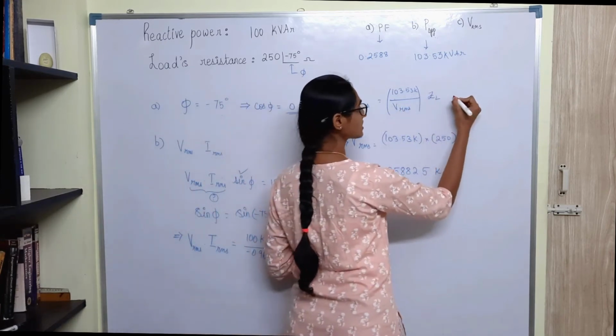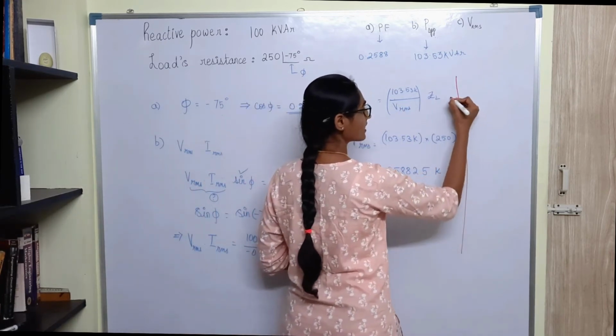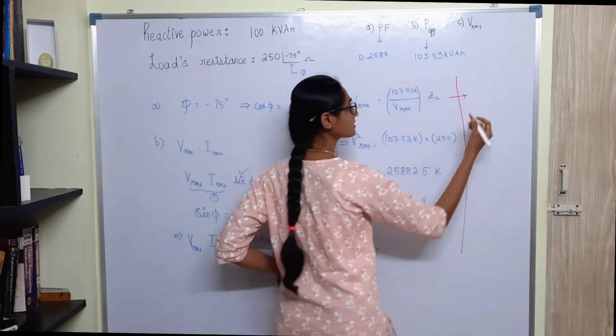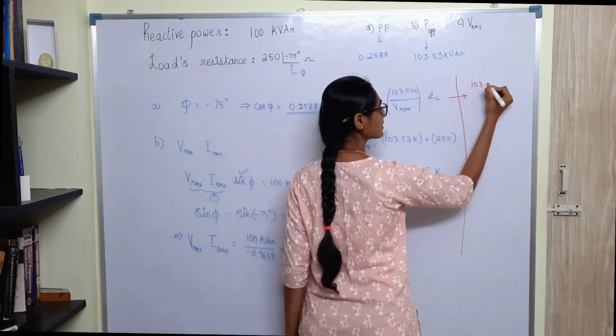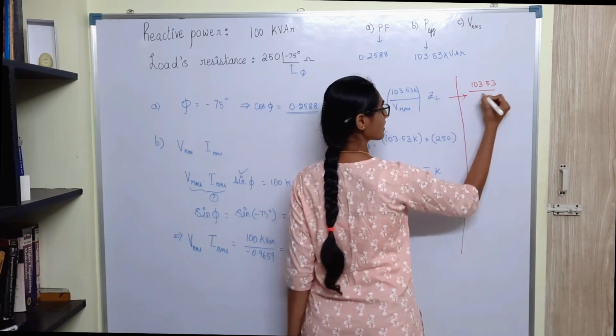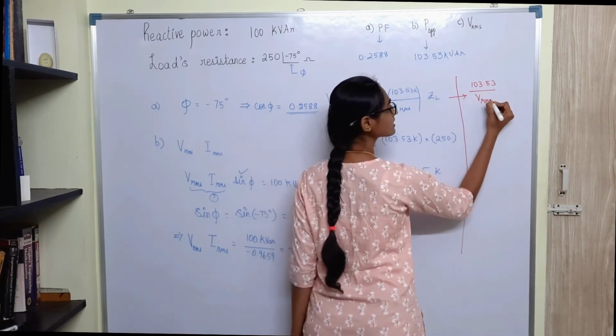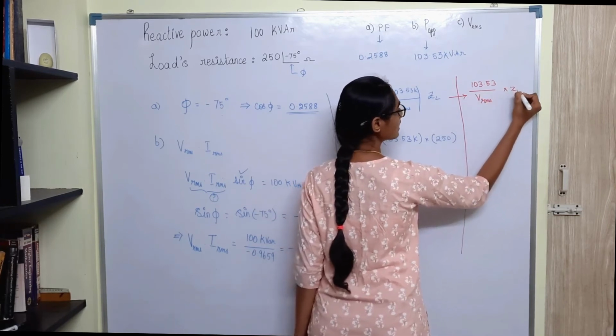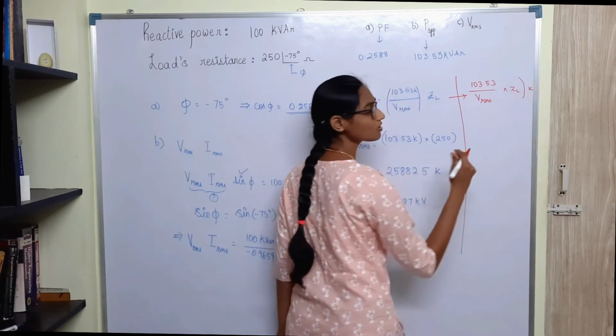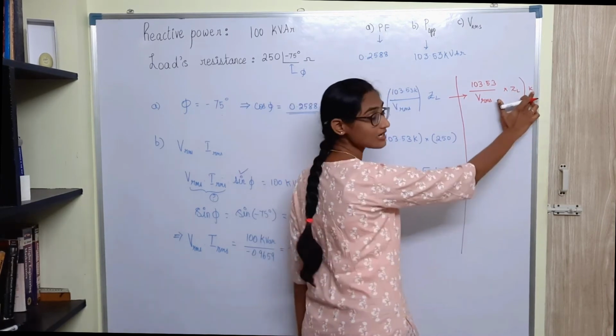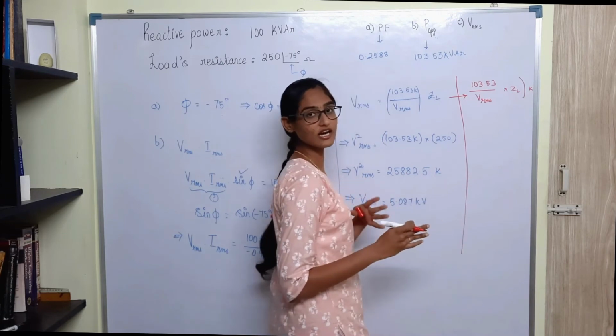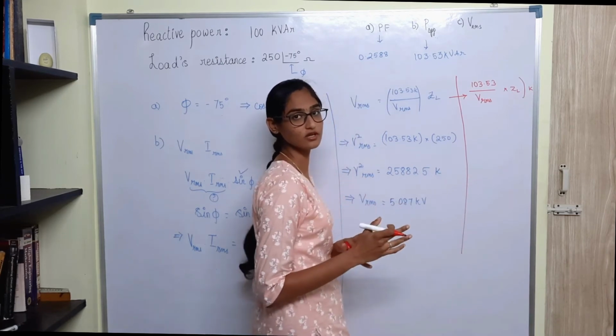If you miss this K at this stage, what will your answer be? 103.53 divided by Vrms times ZL. You will add the K at the end, or you will just put kilovolt, thinking that you will give the answer in terms of kilovolt.